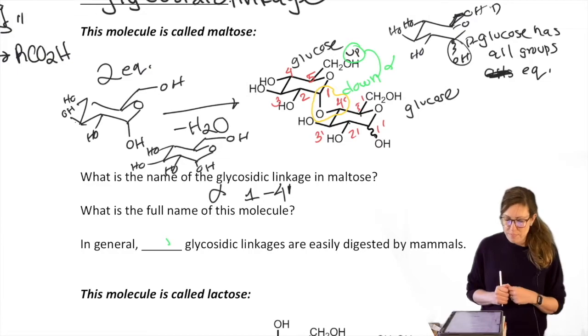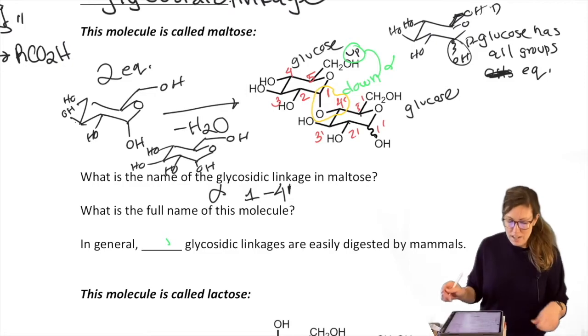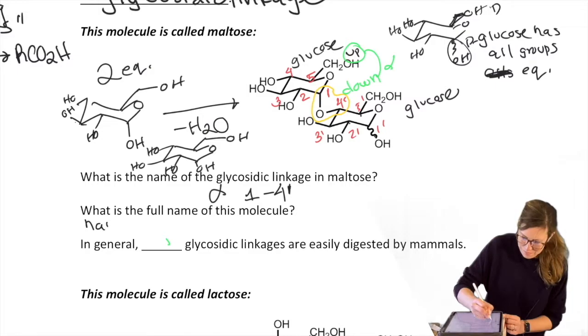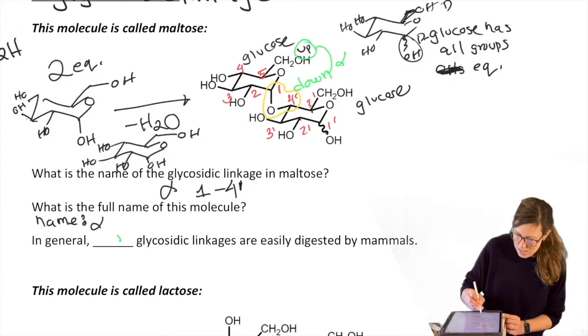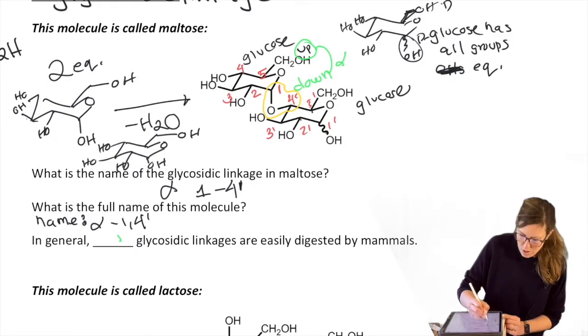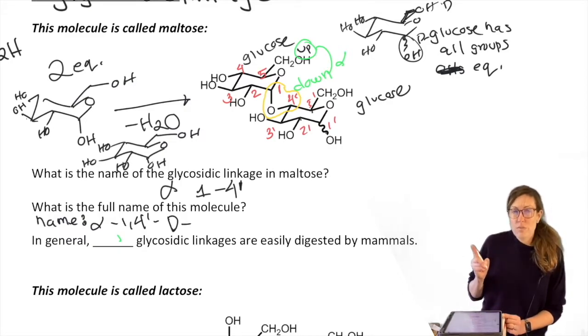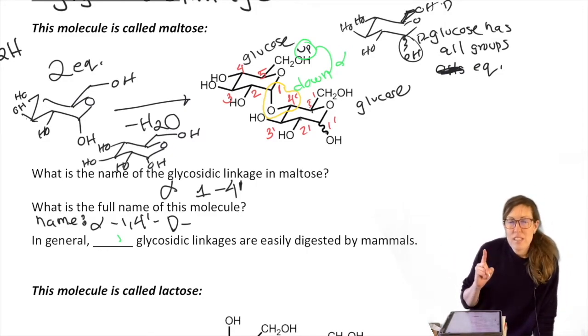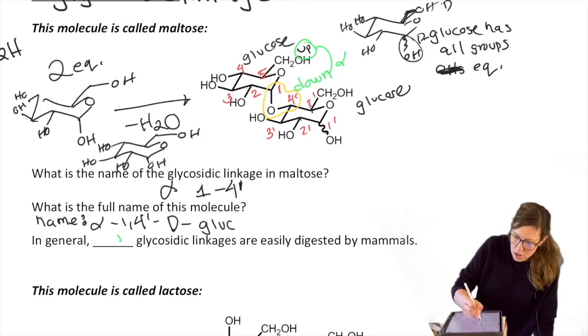Let's give it the full name now with the names of the linkages, because we're going to name a disaccharide for the first time, and it's long. So we're going to start way on the left to give room. So name: Alpha-1,4 prime-D, we already worked that out, glucose and glucose. So 2 glucoses. We're going to indicate one of them is the substituent. So we're going to say glucopyran, because it's in a ring.